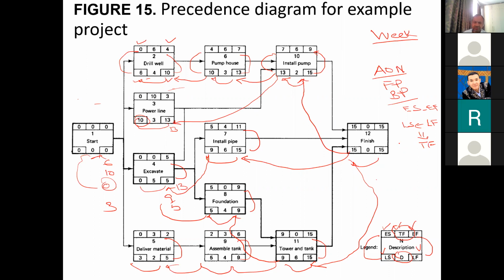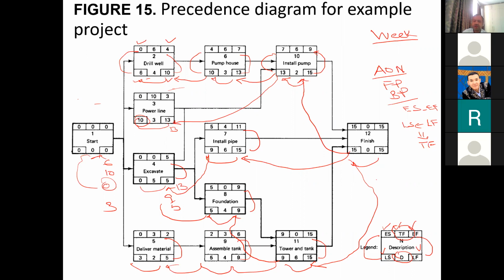Remember that these numbers will be the same as what we get from the activity on arrow network diagram. In the activity on arrow network diagram, we perform these calculations in a slightly different way or format, but the end results for each activity will be the same early start, early finish, late start, late finish, and total float times.